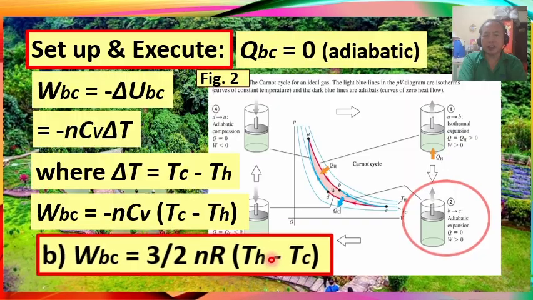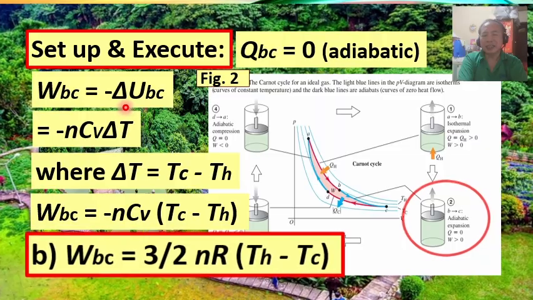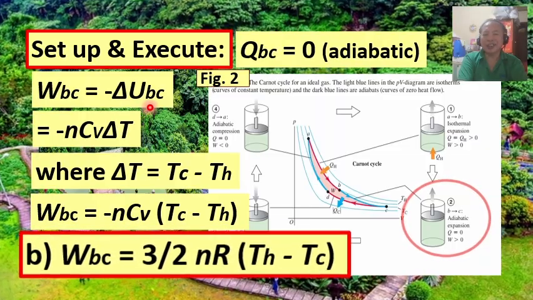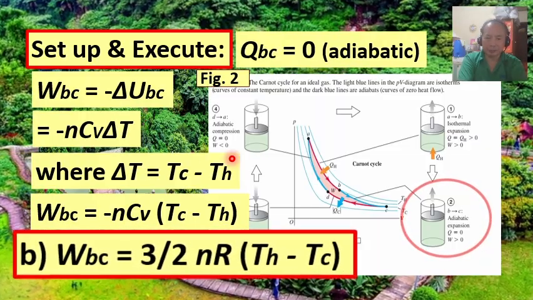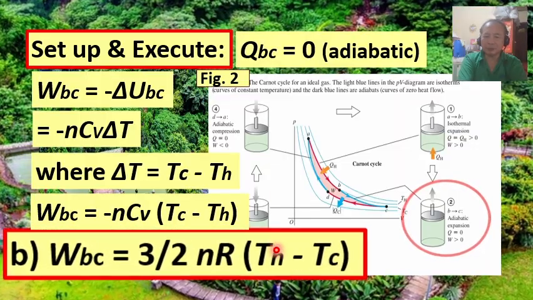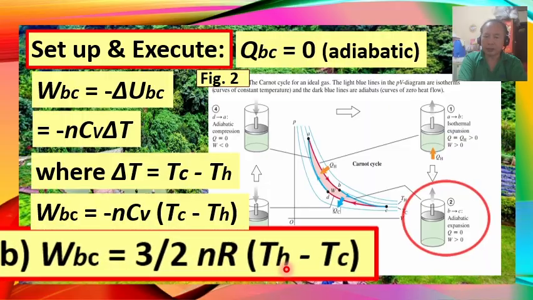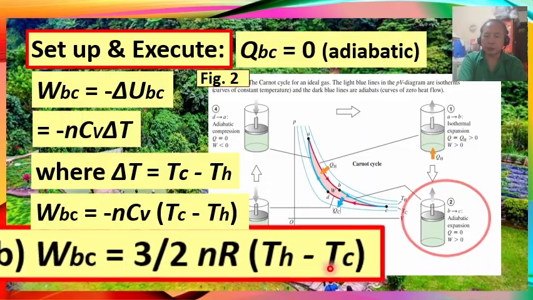If the work done is positive, we will have a decrease in the internal energy of the system. And a decrease in the internal energy of the system corresponds to a decrease also in temperature.